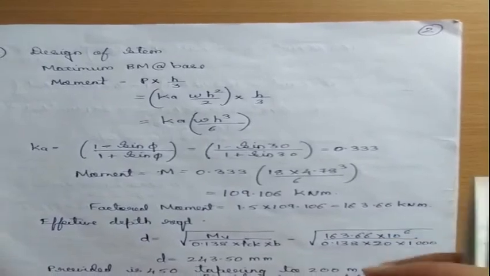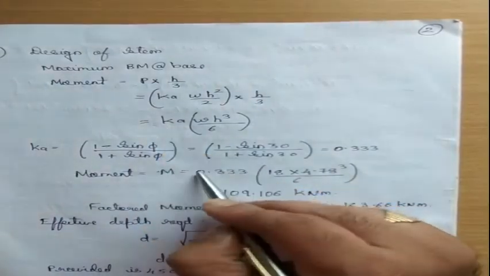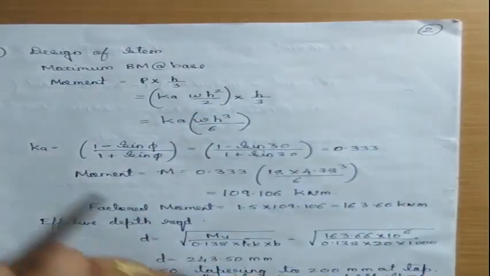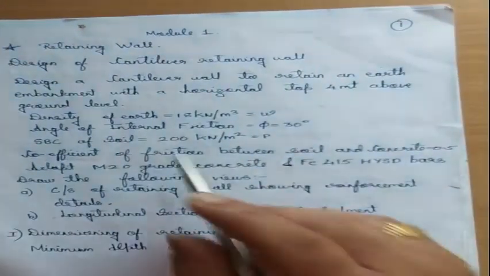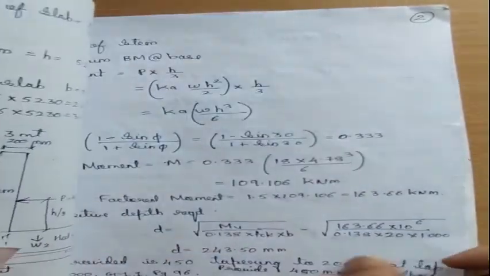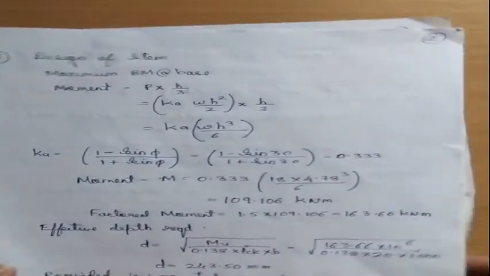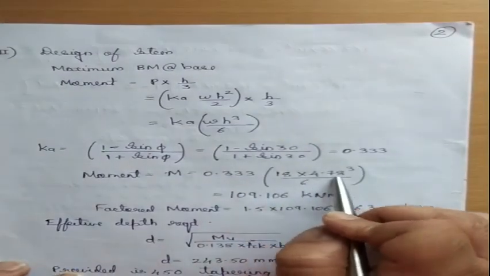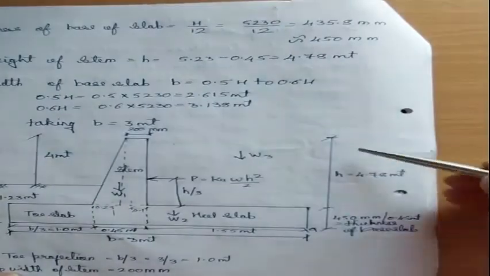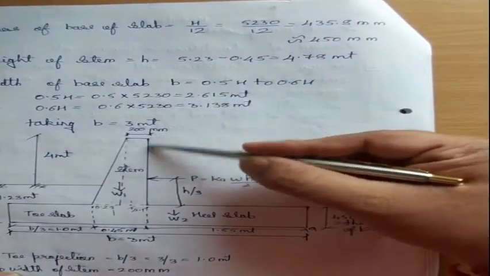So let us substitute. K comes here, which is 0.33, into W, which is the density of the soil. They have given in the question that the density of the earth is 18 kilonewton per meter cube. So 18 into 4.78 cube divided by 6, where 4.78 is the height of the stem that we have already computed, from here to here.